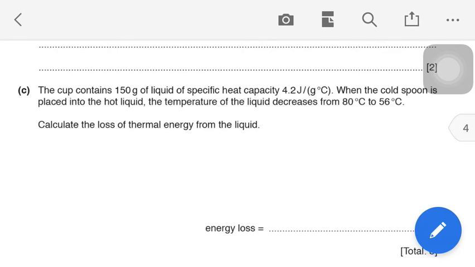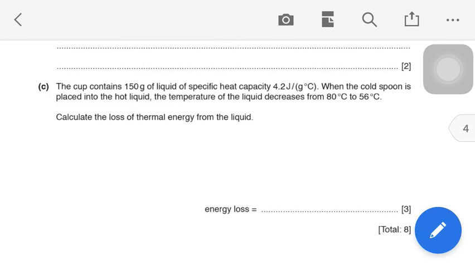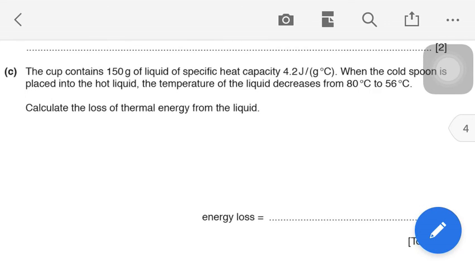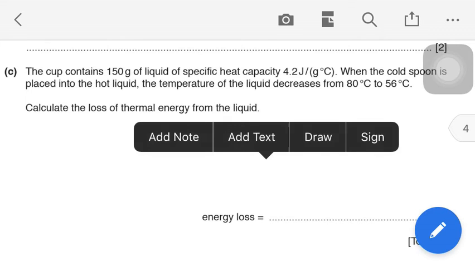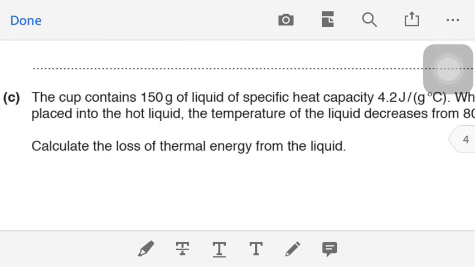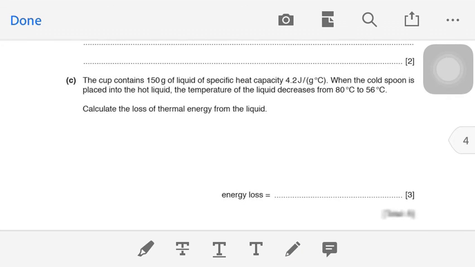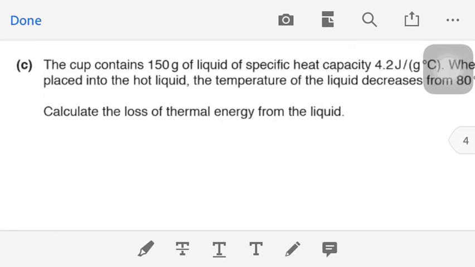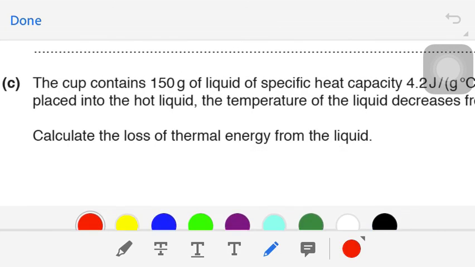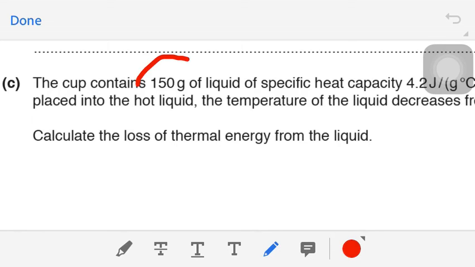Whenever you are doing a question like that, it is important to extract out the information, either highlight it or first highlight it and then list it in your answer before you use any equations. So here, if you haven't read the question, you should pause the video and read the question. So here, the cup contains 150 grams, so that's one data.